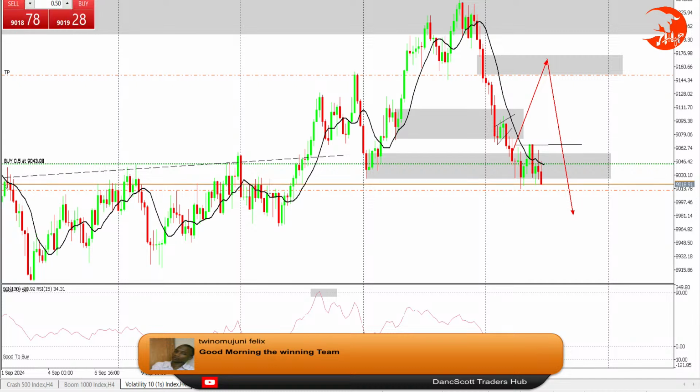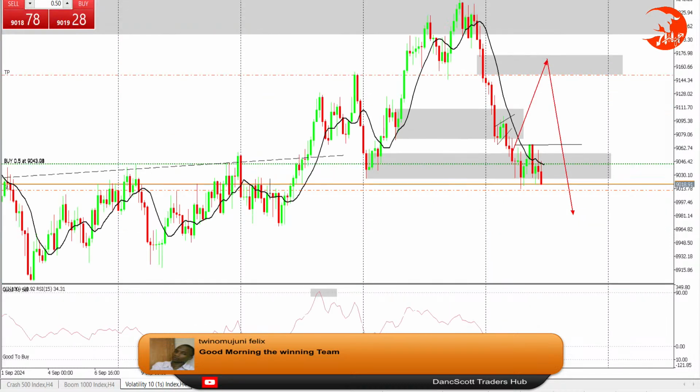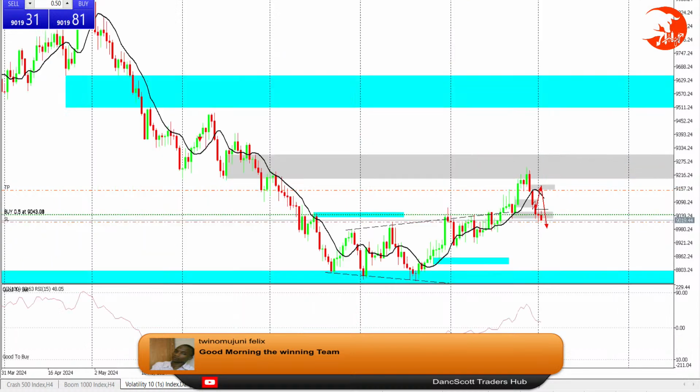From what I can see, if this candle closes outside, then probably we may see sells, but we don't see them on daily, we don't see them on H4. H4 is oversold, daily is making a retest. So that's the reason why I'm not seeing sells at all.